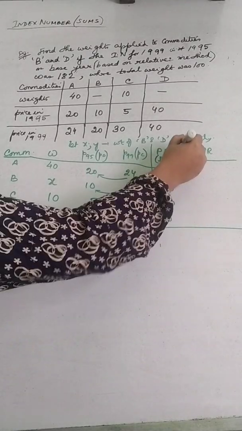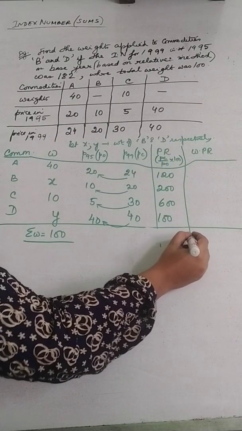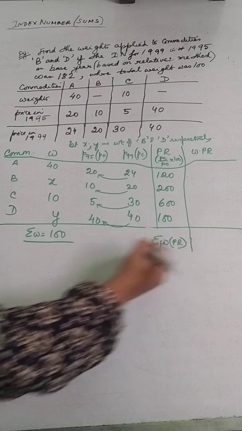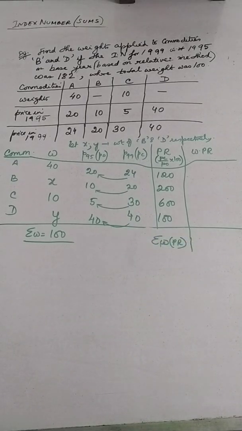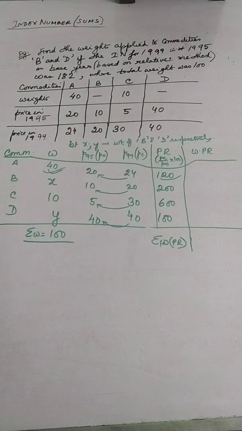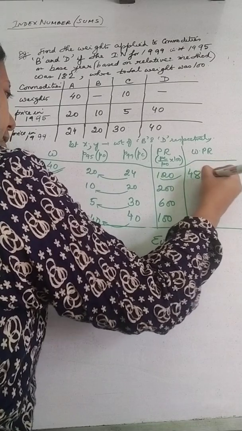So what do we need next? We need W into PR, because we need the summation of that ultimately. So W into PR means what into what? 40 into 120, isn't it? 40 into 120 is your 4800.